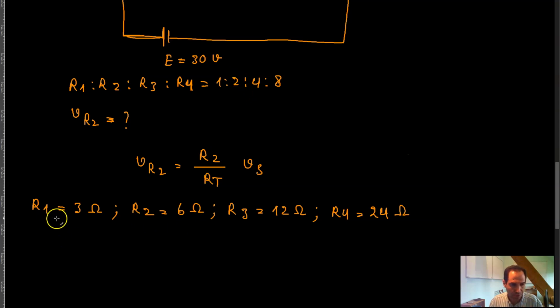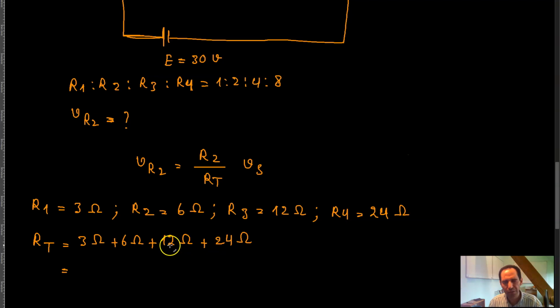But now the total resistance in the circuit also changes: R of T is equal to 3 ohm plus 6 ohm plus 12 ohm plus 24 ohm, which is 45 ohm, right? R of T is equal to 45 ohm.